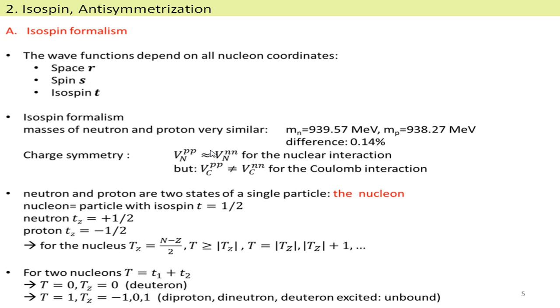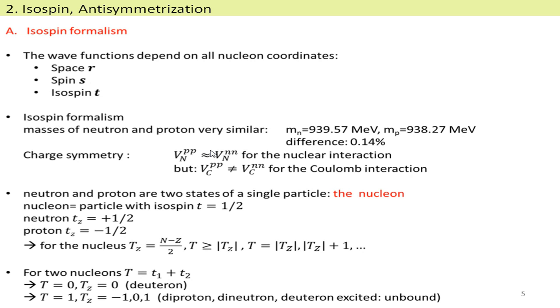So the idea of the isospin is to consider a single particle, which is the nucleon, with an isospin 1/2, and which can be in two states, +1/2 or -1/2, according to whether it's a neutron or a proton. So for neutron it's +1/2, the projection, and for proton it's -1/2. And this allows you to write the Coulomb interaction, the nuclear interaction, without specifying whether you consider a neutron or a proton.